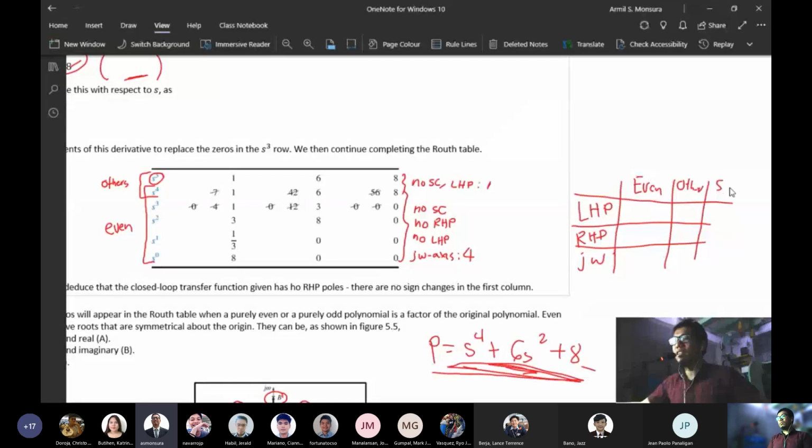Tapos, i-total natin. Sa even, since 4th degree yung even polynomial ninyo, 4 yung i-expect nating number of poles. Since dahil 5th degree yung original polynomial ninyo, 5 yung ine-expect nating poles. So, yung manggagaling sa others, isa na lang.